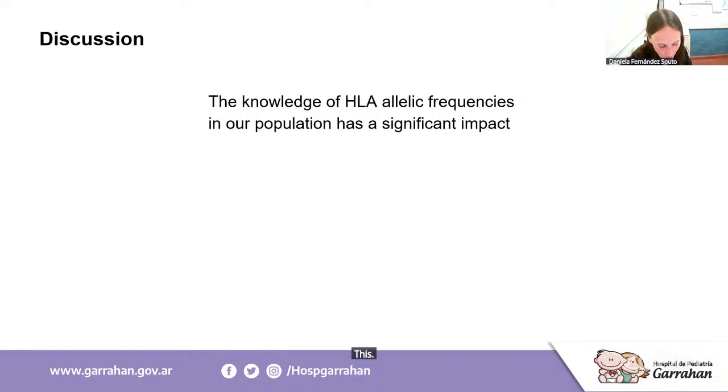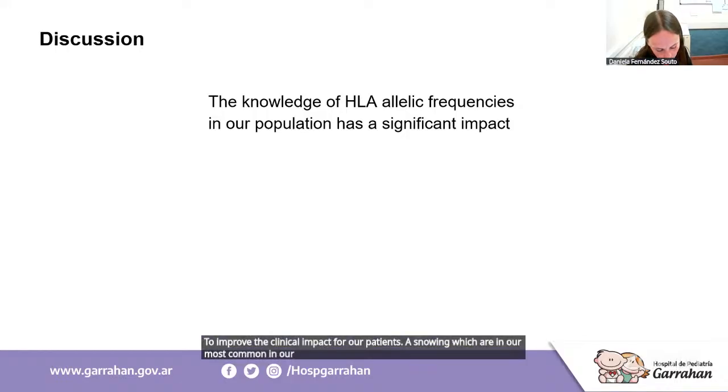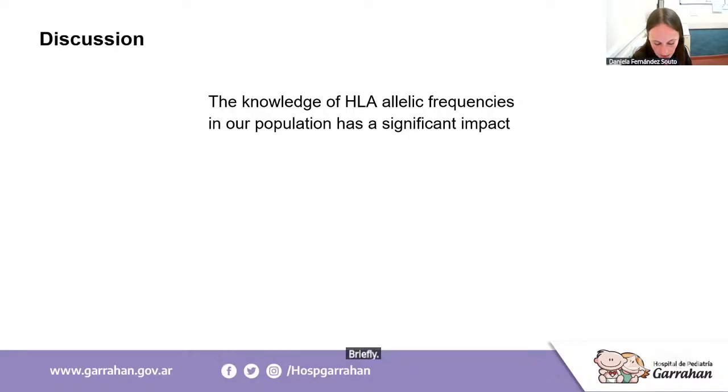This allowed us to improve the clinical impact for our patients, as knowing which alleles are most common in our population greatly facilitates our work in the lab, enabling more accurate and reliable interpretations. The next two slides will illustrate this in practice.